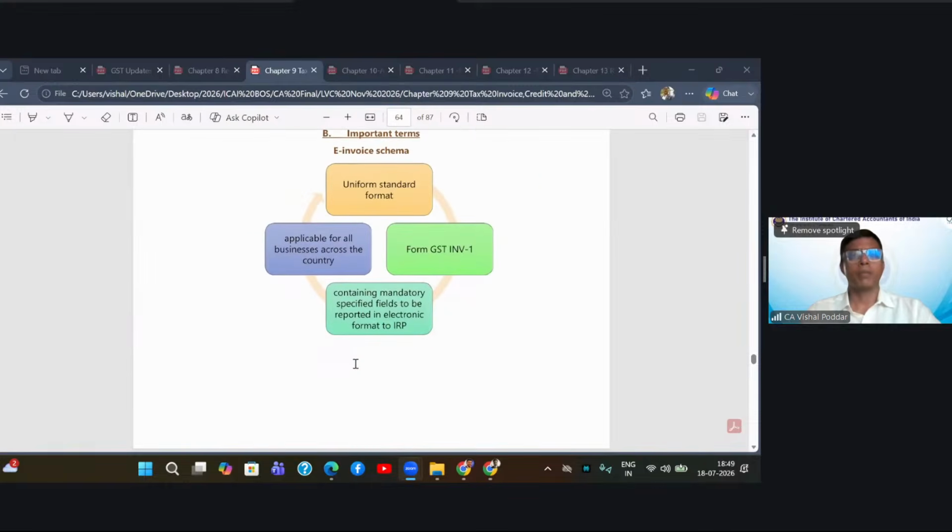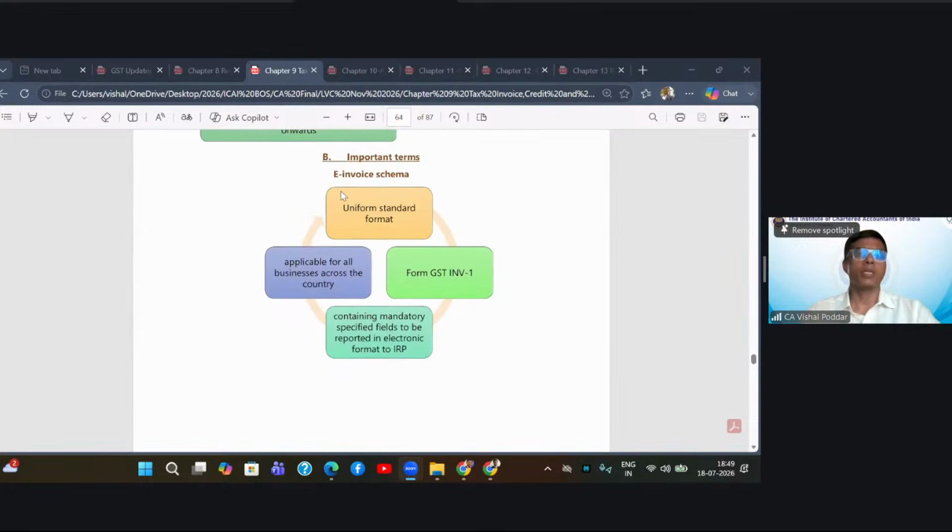Next, important terms. So you have a e-invoice schema. So what is e-invoice schema? So it is nothing but there is a uniform standard format which is applicable for all businesses across the country, where there are some mandatory fields in which you have to report the required information on the portal, and this has to be done in the form GST INV1.